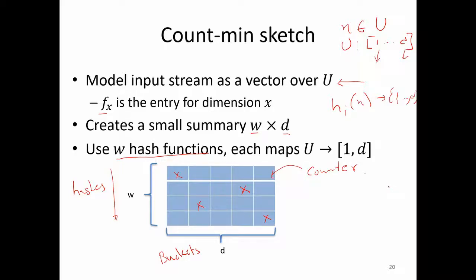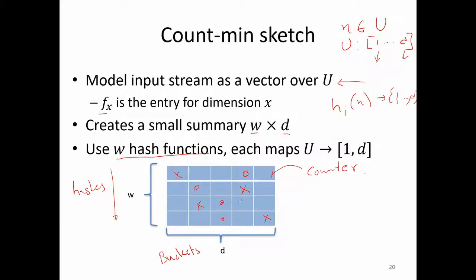Instead, you represent the item using these cells in this matrix. So this item X has this and this cell. Similarly, another item Y may have this, this, this, and this cell.